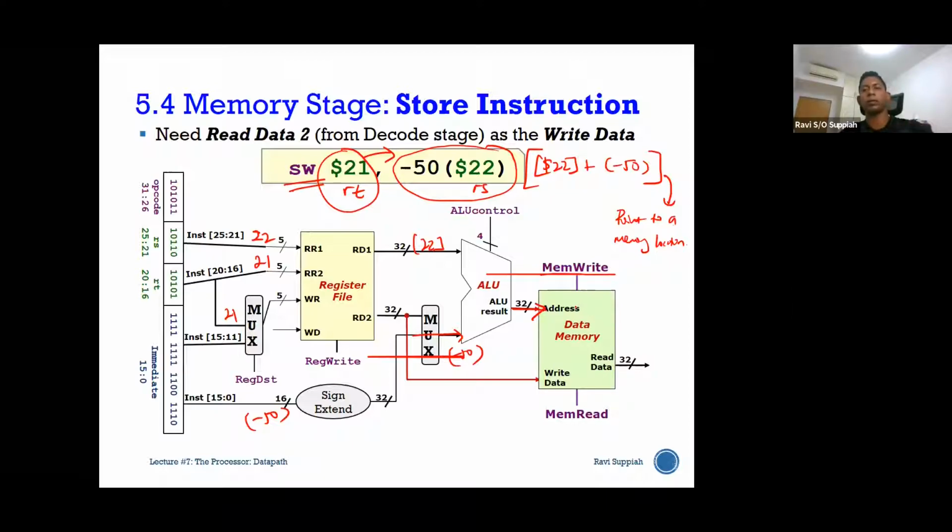So the mem write signal will be activated. When the mem write signal is activated, the address we have already calculated, which is the content of register 22 plus -50, is the address I'm pointing to. So the data is where? The data is actually here, register 21. Since it's specified here in read register 2, it will be available.